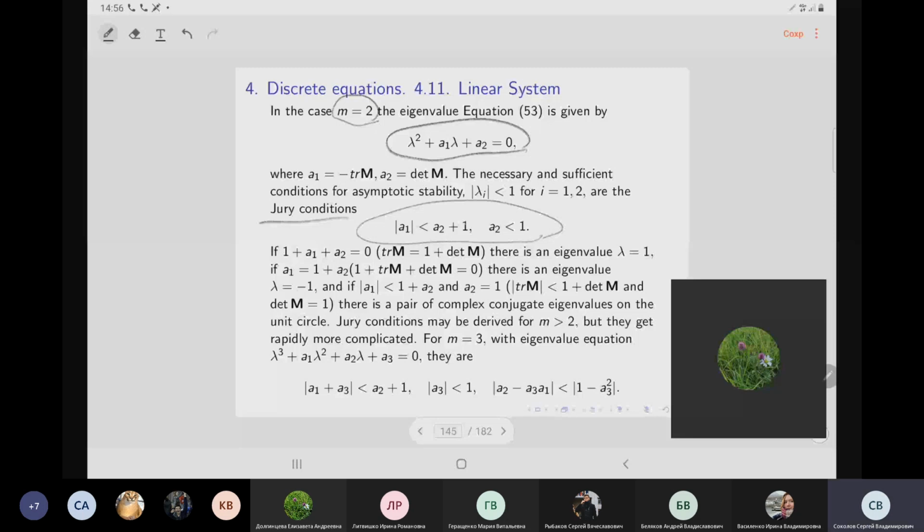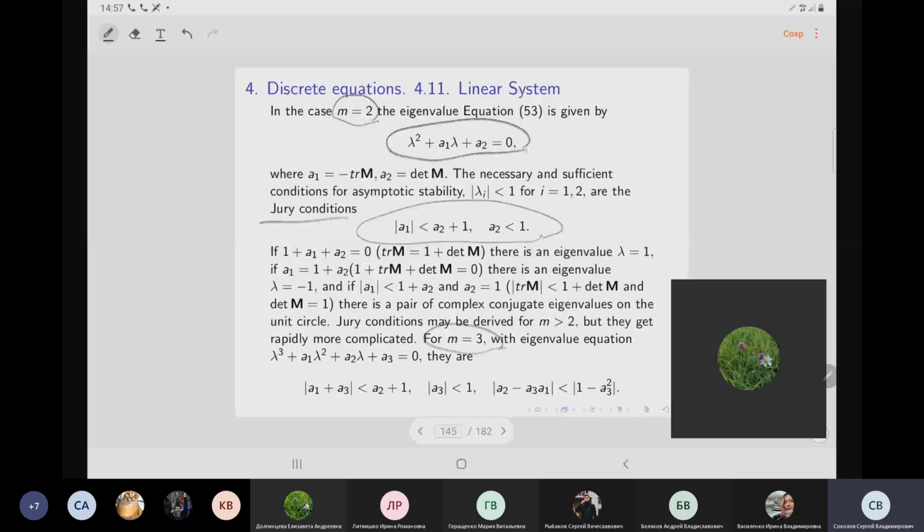On the border of these inequalities, there exists an eigenvalue with the value 1 or negative 1, and on the border there can exist unstable or stable solutions. And the same, we can derive the eigenvalue equation for m equals 3, 4, and so on, and we can find the same conditions, the stability conditions for more complicated situations.